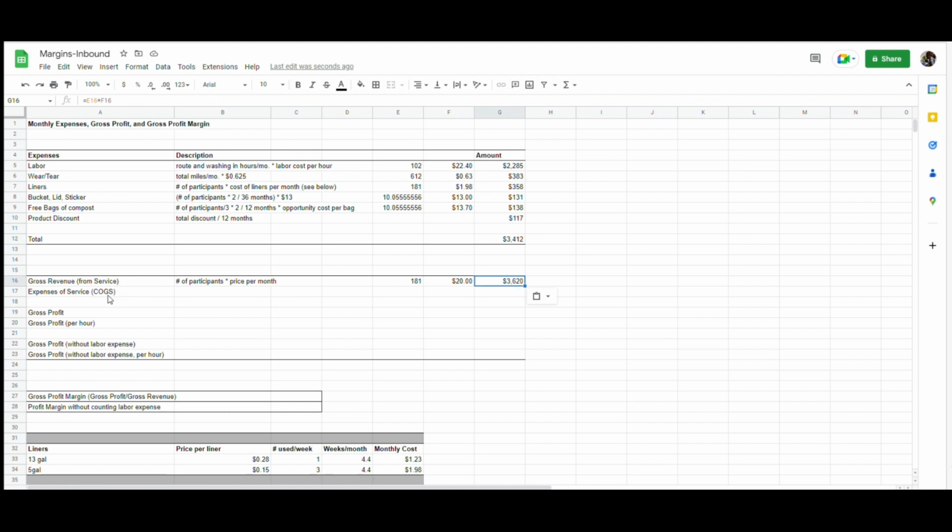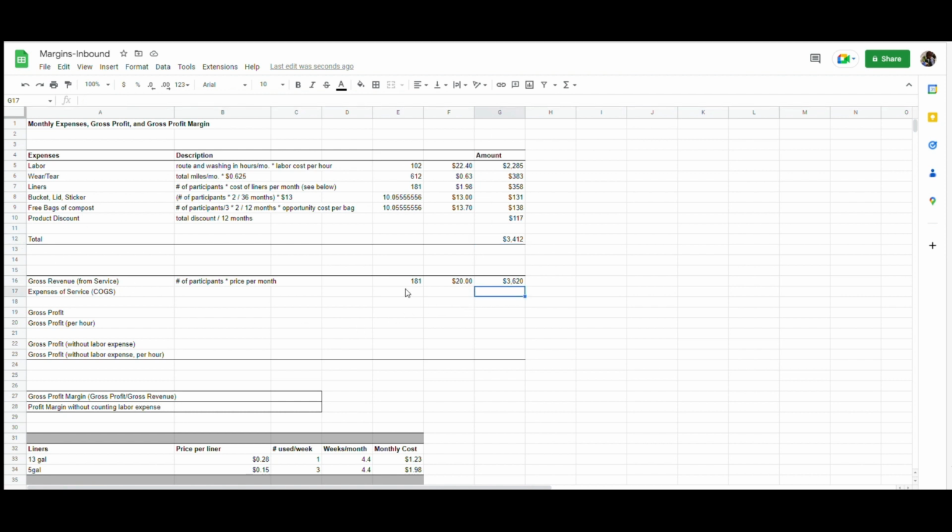Now the expenses of the service, or COGS, cost of goods sold, we already calculated here. And instead of just putting that number here, we want to tell it to put whatever number ends up being in there. That way, if we need to change any of our expenses numbers, it will automatically update this. So that cell is G12.